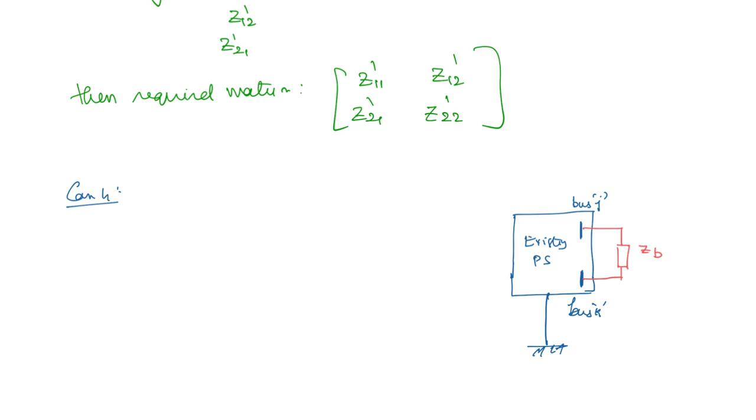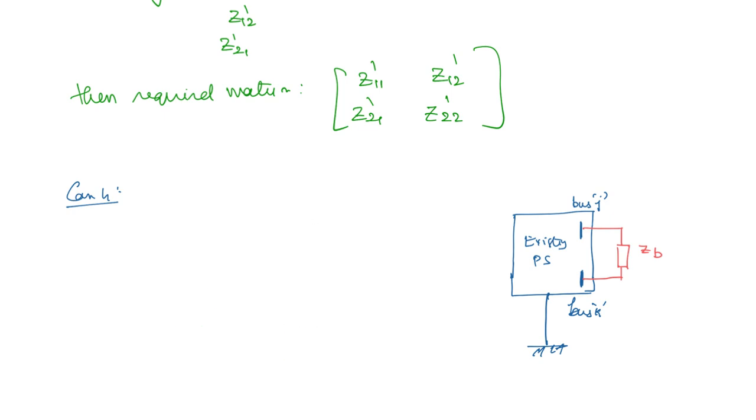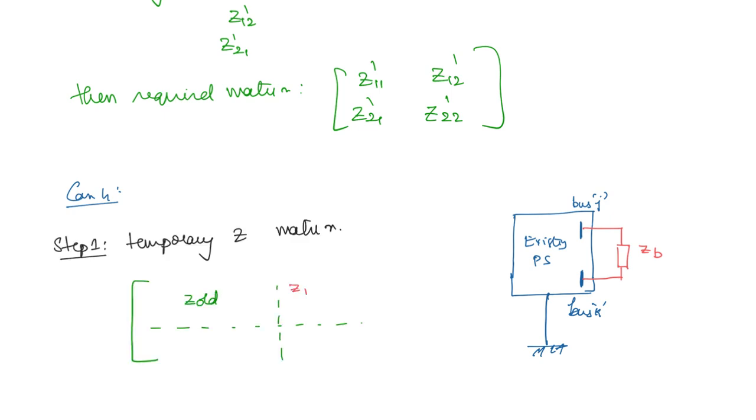Now this also, just like in the previous case, first you have to find out the temporary Z matrix. So what will this be? Z old will be as it is, there will be no change. In addition, you have to add something like this, Z1j minus Z1k. That means the jth column and the kth column we are finding the difference.